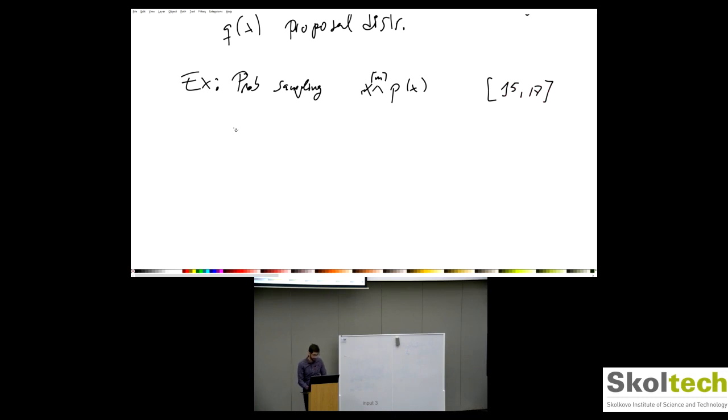In this case, this P of x is just going to be a normal distribution with 0 mean and unit variance.